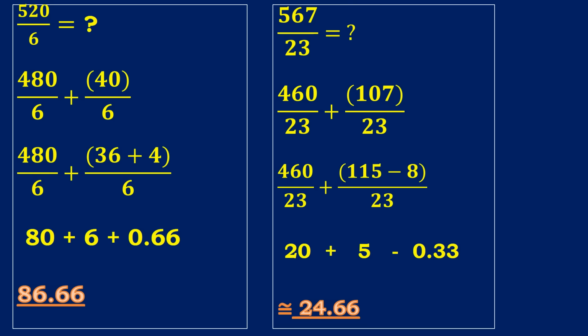If you are smart, 8 divided by 24 is 1 by 3, which is 0.33. We take this approximate value. So, 20 plus 5 minus 0.33. 567 divided by 23 gives us approximately 24.66. The procedure appears to be lengthy, but if you practice this way, it will take less time when compared to the regular procedure.